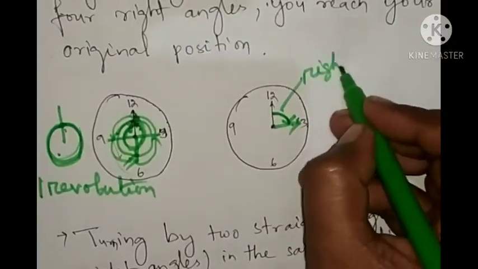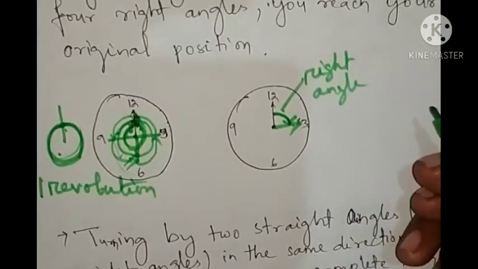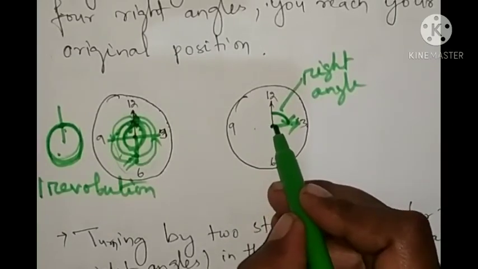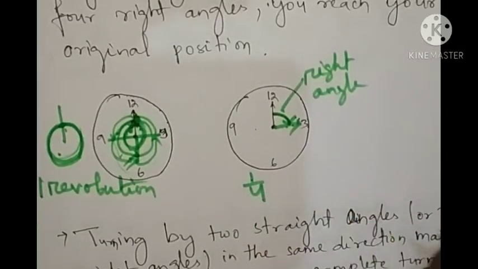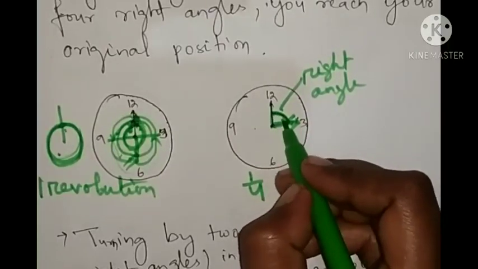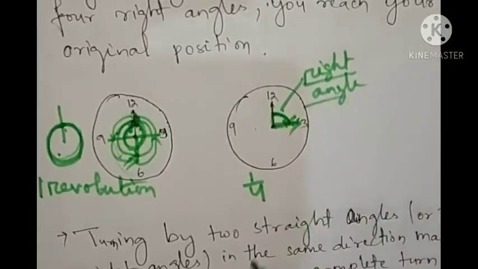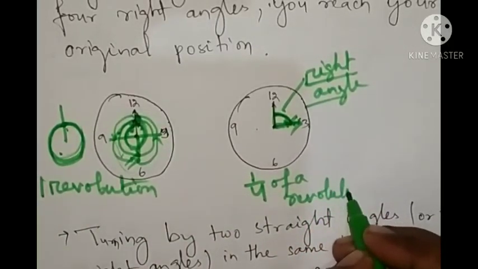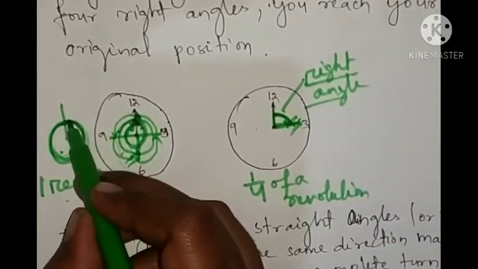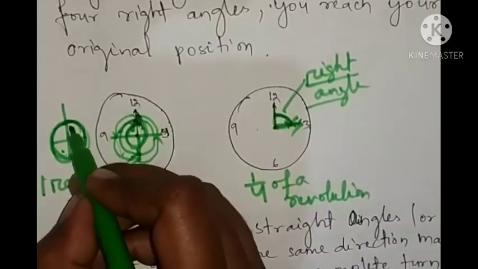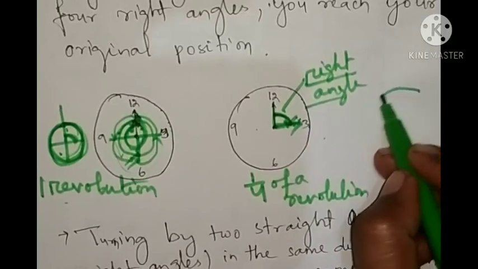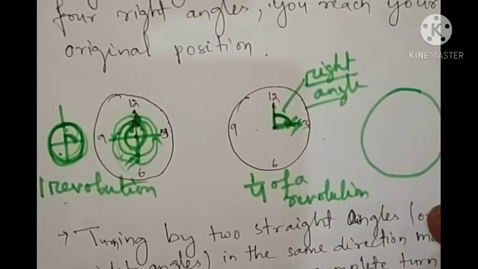So this portion, this right angle, is 1/4 of a revolution. So this whole is a revolution, but you can divide it into 4 parts. So one part is known as what? 1/4 of revolution.